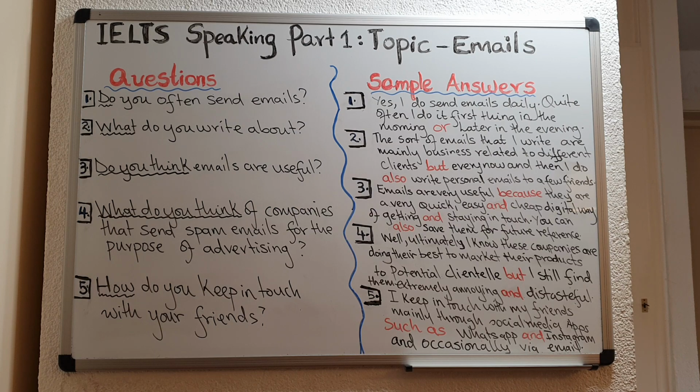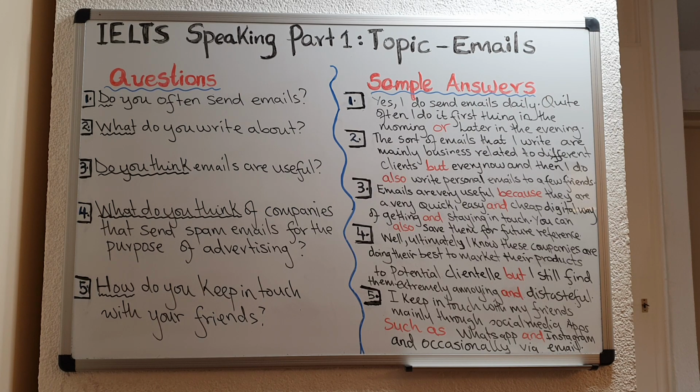The examiner stops looking at the descriptors for band 9, for example, band 8, band 7, band 6, and they start looking at the lower bands. That is what happens when you speak broken English in your speaking test.